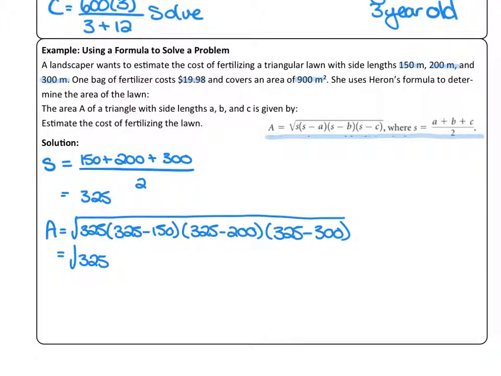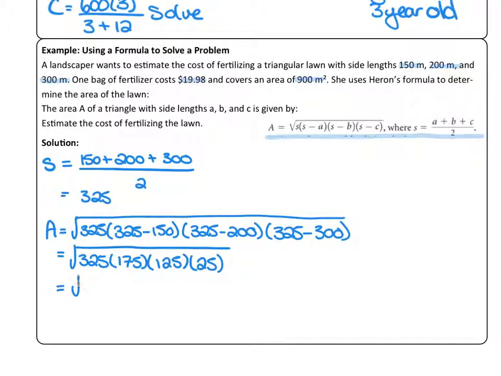325, and I'm going to do all my subtractions. So 325 minus 150, 175, 325 minus 200, 125, and 325 minus 300 is 25.